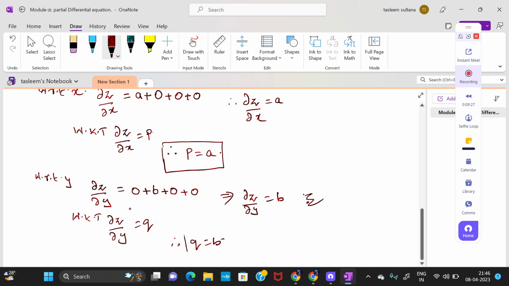Now we are going to substitute these values. We'll mark this as equation number 2, and this as equation number 3.